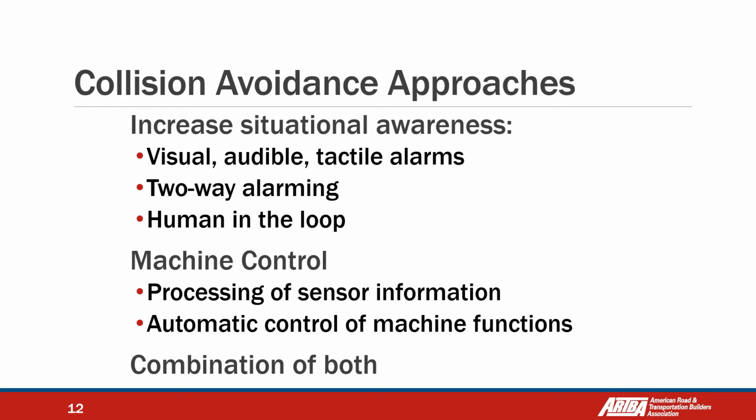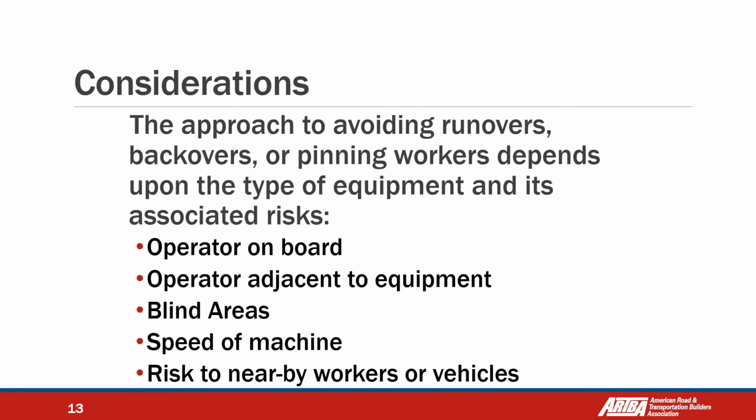But if the screen only turns on when there is a sensor detecting somebody behind, it calls the attention of the operator. So we need to select what technologies we are going to use and be very focused about it, because too much technology can create a problem for the operator too.